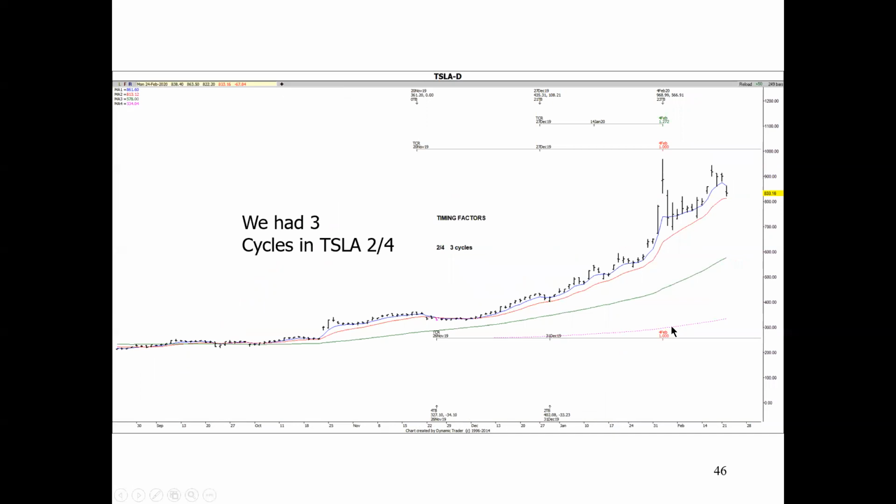Tesla. Okay, so Tesla, when it was going straight up, I did want to know when it might top, because I had a lot of traders that were definitely trading Tesla, and we had 3 cycles on February 4th. We had, it looks like, a high to high cycle, 100%, February 4th.